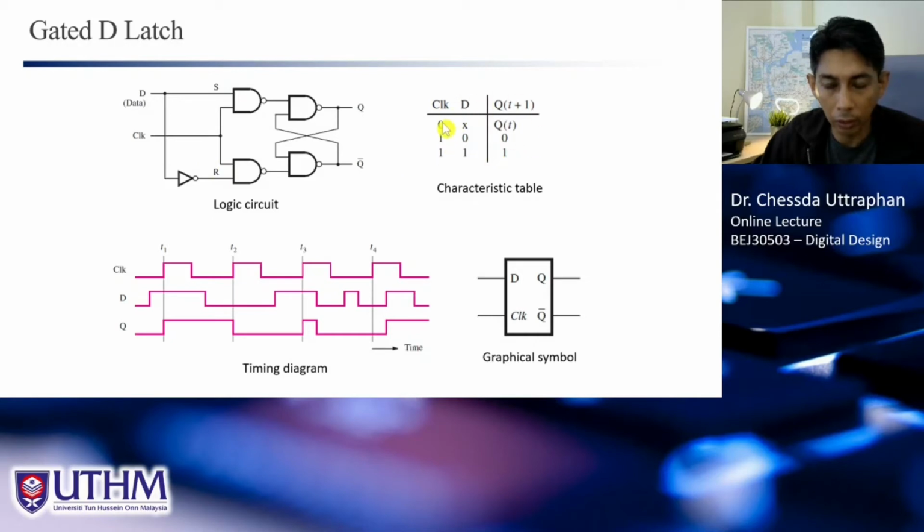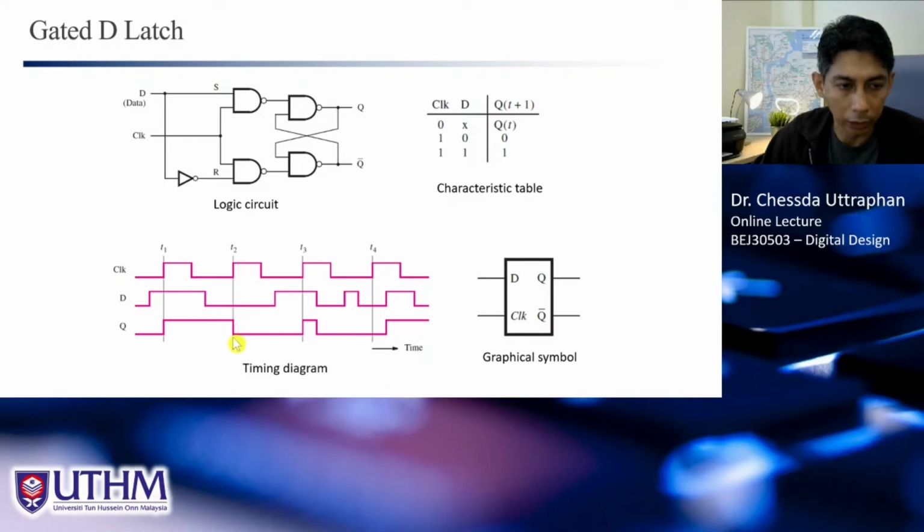When clock is 0 or not active, we don't care about D. D is either 0 or 1, but Q doesn't change, it remains the same. If clock is not active and Q equals 1, it will remain 1 until the clock is active again.